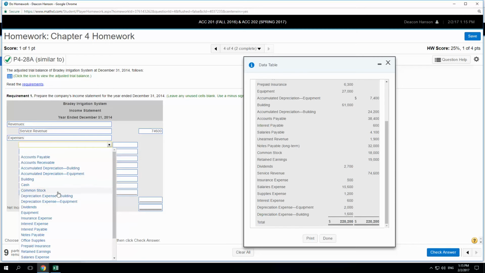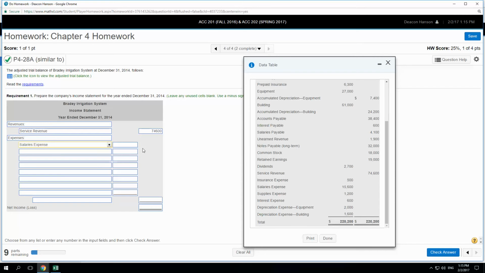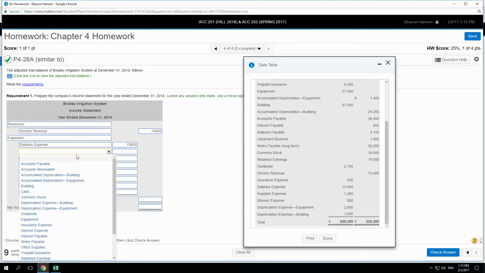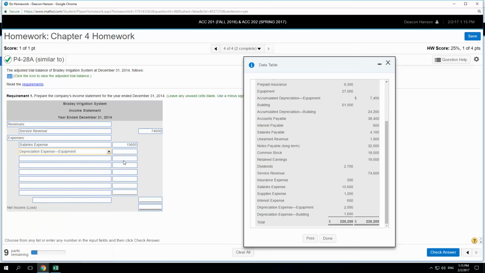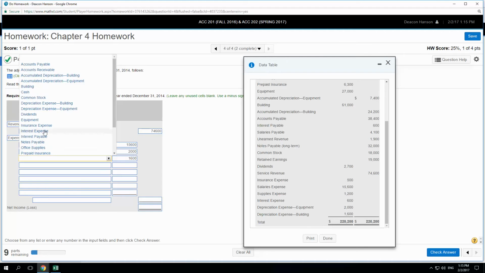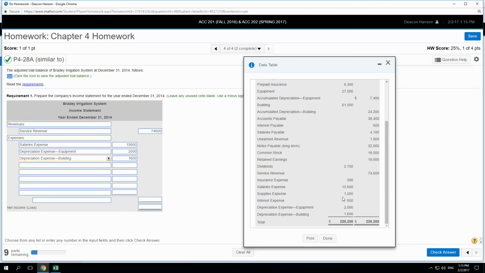We'll start with salaries expense, and that's, mine is $15,600. And the next biggest one is this $2,000 one, depreciation expense on the equipment. And then I've got $1,600 for depreciation on the building. Then I've got, let's see, $1,200 for supplies expense.